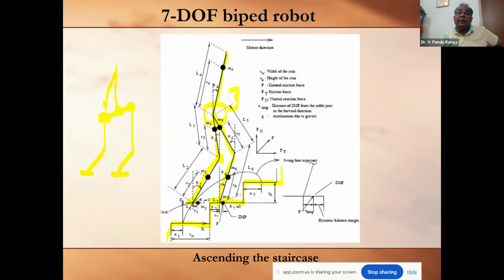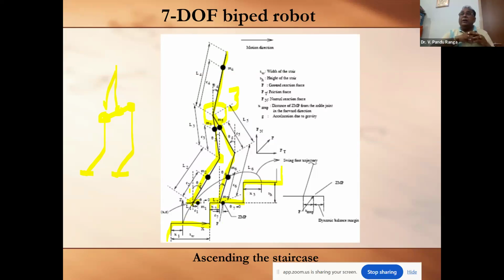More importantly, if you see, the mass of the corresponding link is assumed to be focused at a particular location on the link. So this type of system is called a lumped mass system.